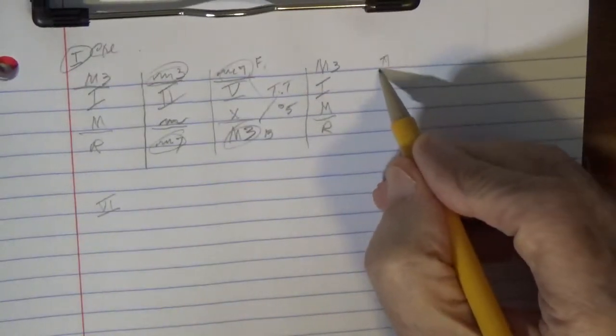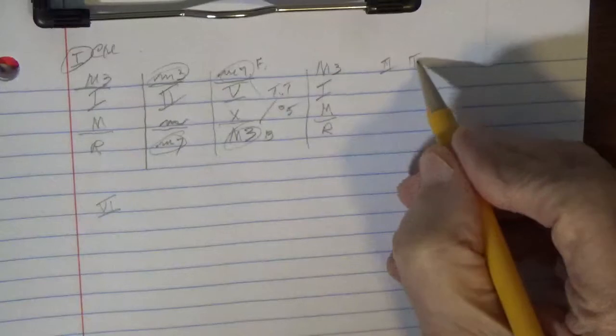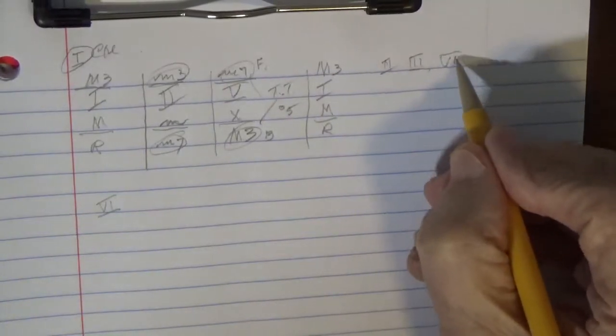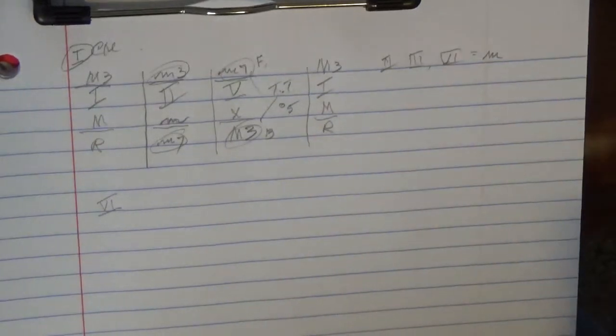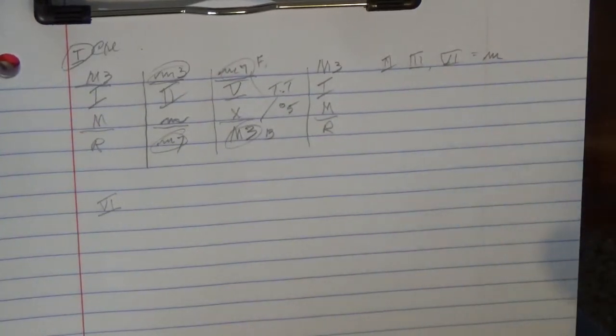2, 3, 6 are minor normally. And that's without any accidentals to change it from the basic key that you're in.